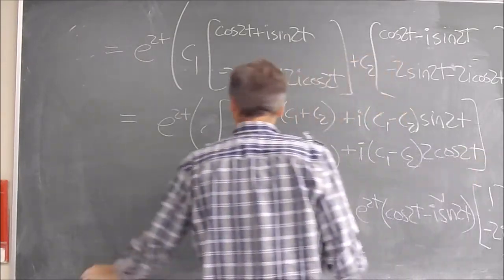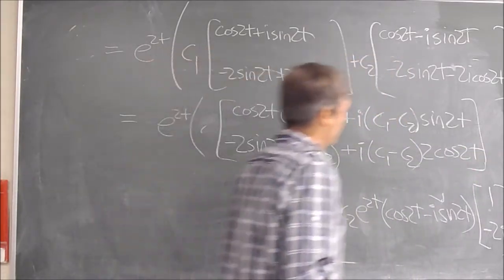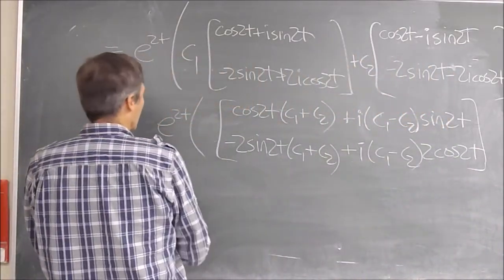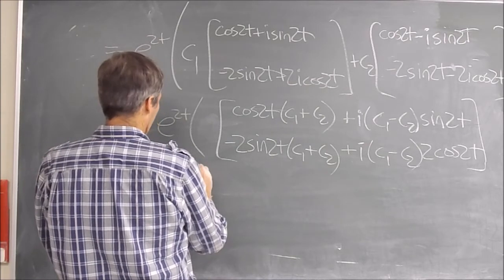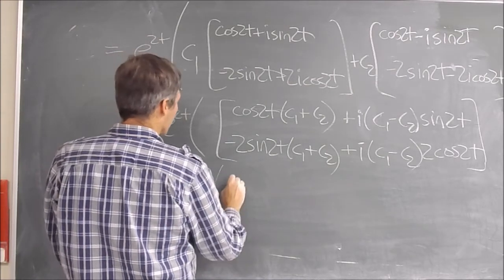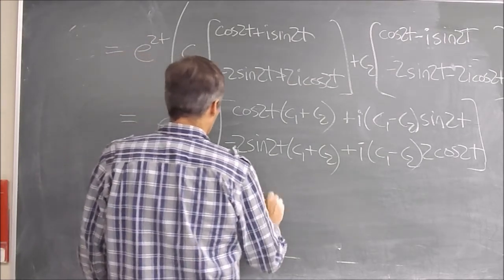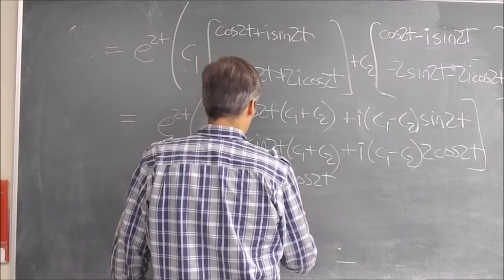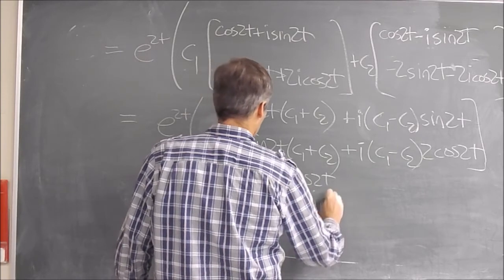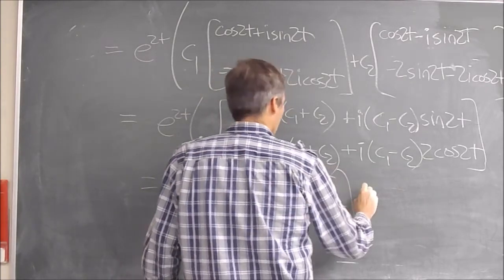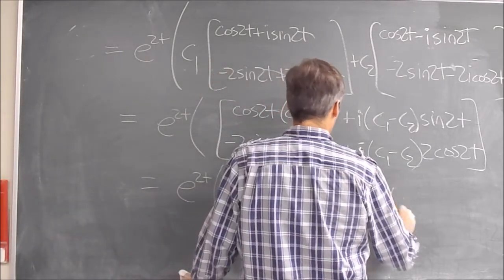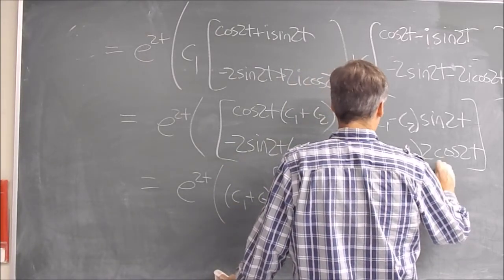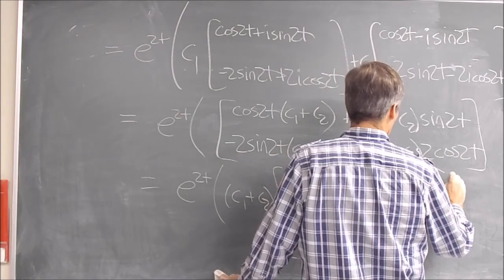And so I break it up like that. Now this is e to the 2t times c1 plus c2 multiplying this vector, cosine 2t minus 2 sine 2t. And c1 minus c2 multiplying the vector sine 2t, 2 cosine 2t.